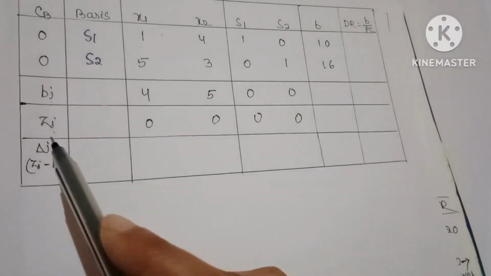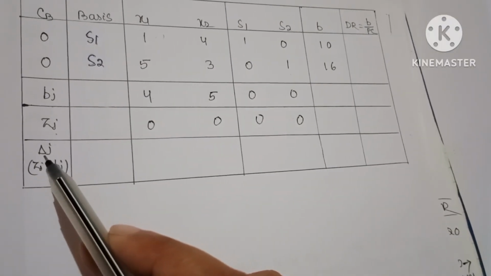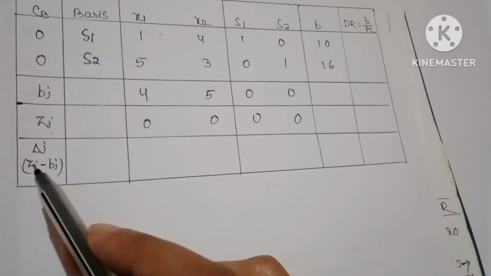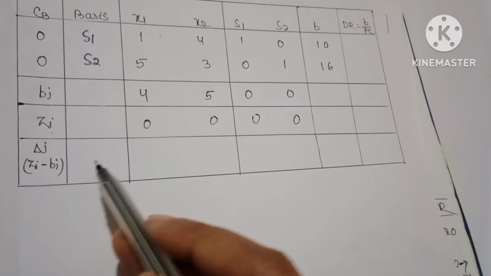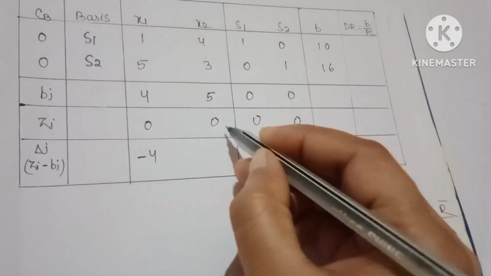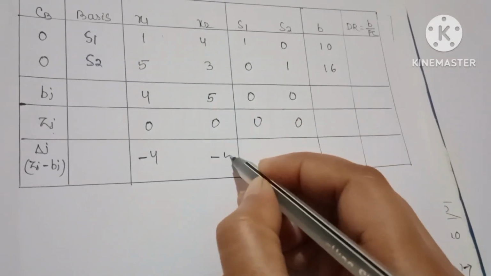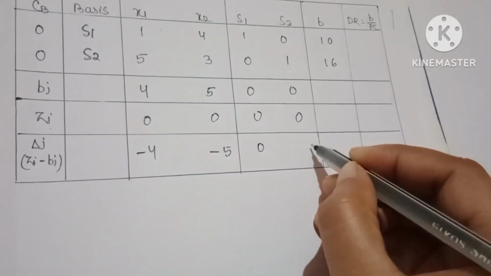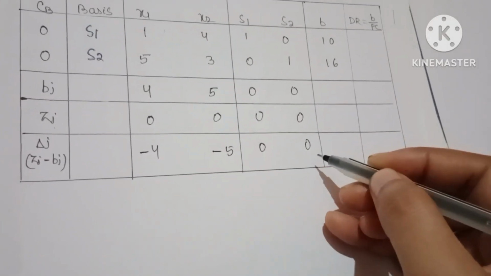Now calculate the values of delta j. The formula is zj minus bj, so 0 minus 4 equals minus 4, 0 minus 5 equals minus 5, this is your 0 and this is your 0.